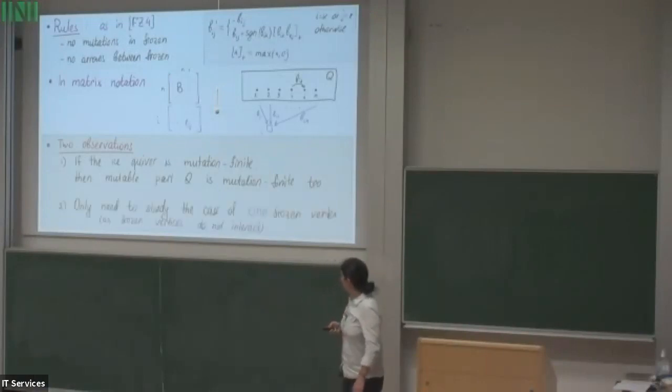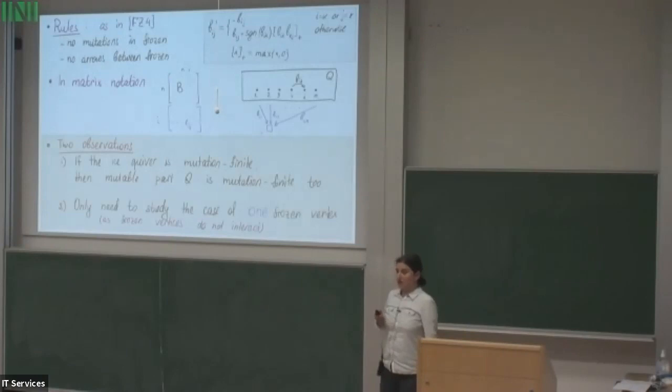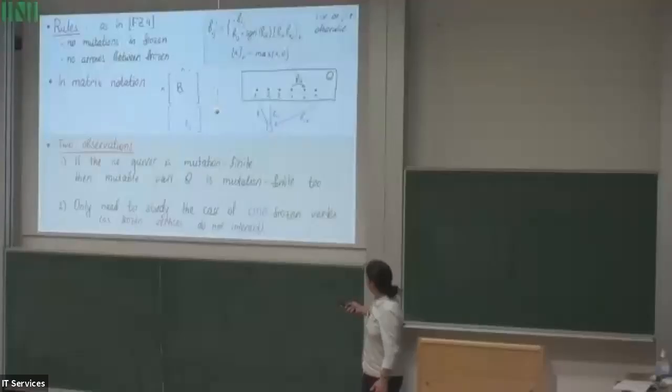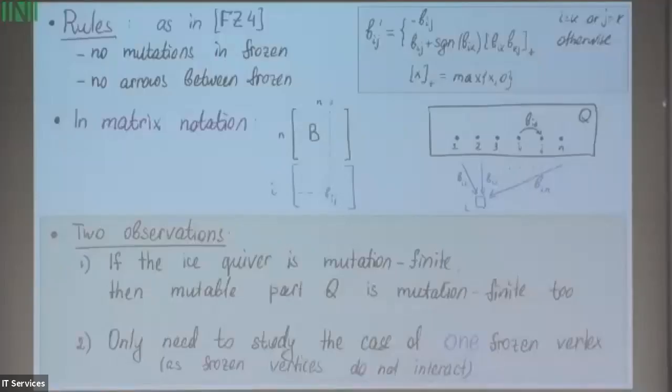And the second observation is that since my frozen variables don't interact, there are no arrows between them, it is enough to look at one frozen variable. And if we can add this frozen vertex, then we can add them independently. Is it clear?